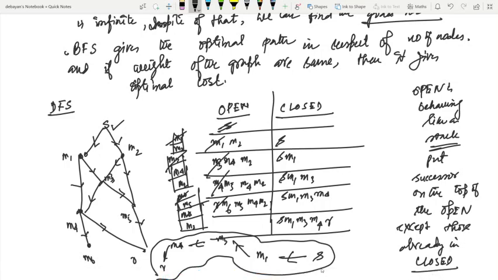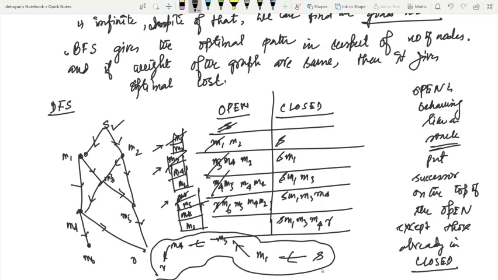So here open and closed are looking like that. If we do the same thing for BFS, then instead of using a stack, open behaves like a queue. That is basically the difference between BFS and DFS.